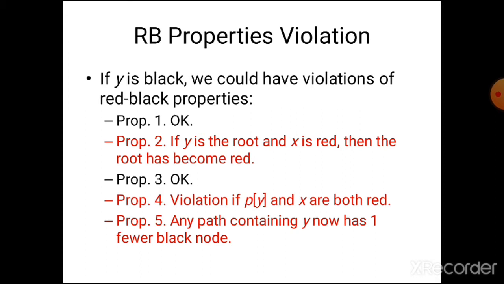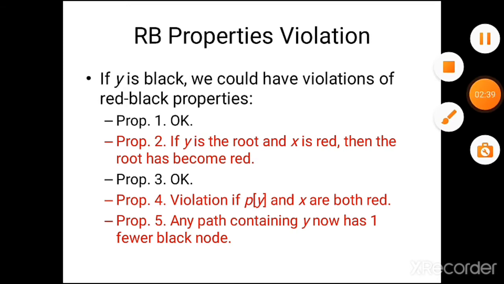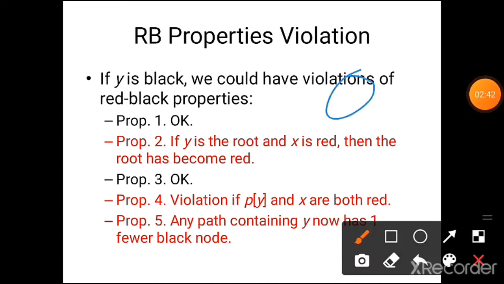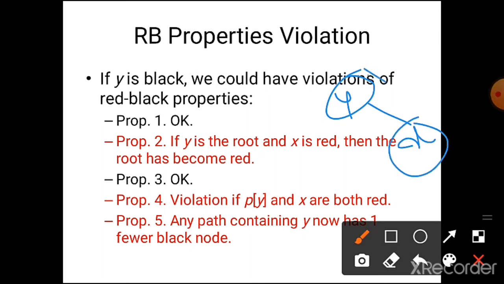But in the second case, suppose y is the root and x is red. We are replacing y with its successor, so now x is the root and its color is red, so it violates the second property, because the second property says that the root must be black.